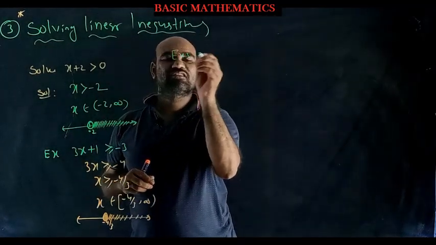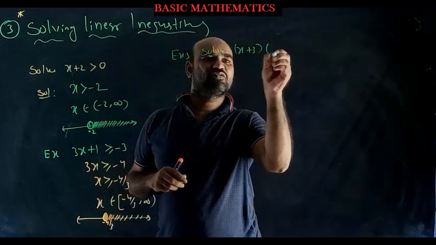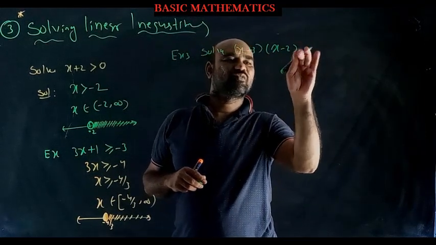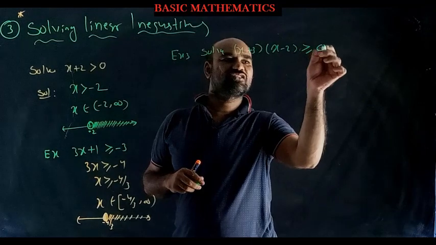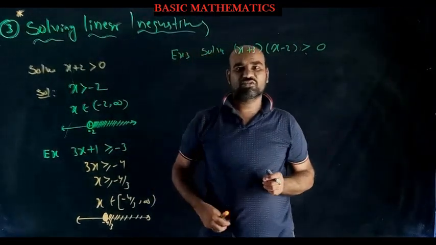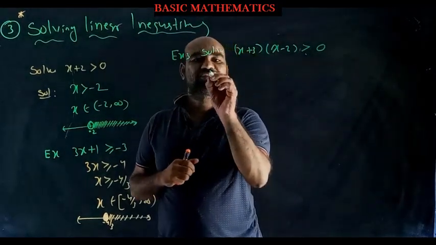Now a somewhat difficult one. Example 3. Solve x plus 3 into x minus 2 is greater than or equal to 0, or greater than 0. First of all, x plus 3 into x minus 2 greater than 0. This is an interesting problem. Observe here.